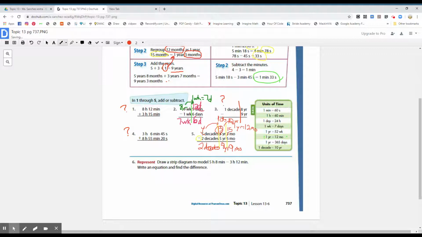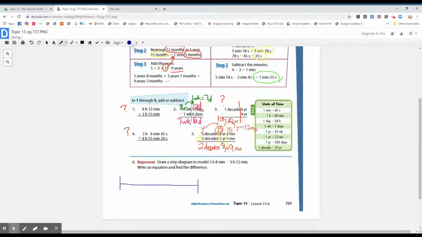All right, look at number 6, boys and girls. Draw a strip diagram to model 5 hours 18 minutes minus 3 hours 12 minutes. Write an equation and find the difference. We did this one in the previous lesson, boys and girls. I'll help you with some of it. So they want a strip diagram. And they want us to draw a strip diagram to model 5 hours 8 minutes.